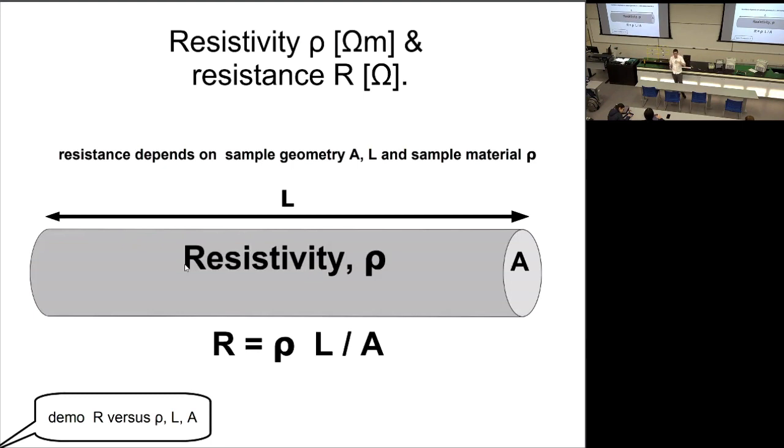Aluminium also has a pretty small resistivity, not as small, but we also make wires out of aluminium. Old houses have aluminium wires. That also allows current to flow much more easily. Other metals have higher resistivities, which means that current flows less readily in other metals. So these are the three ingredients: the length of the wire, the cross-section of the wire, and the material of the wire, that determine the resistance of the wire based on its geometry and its substance.